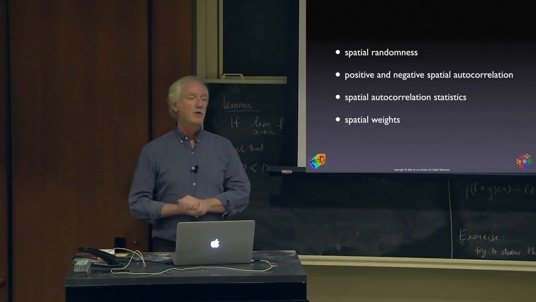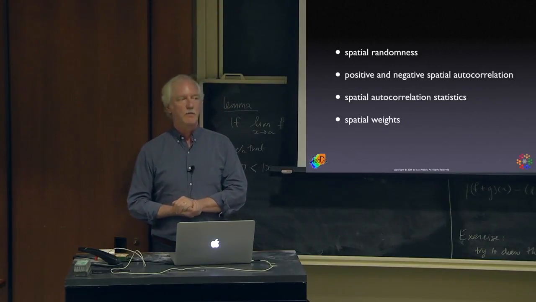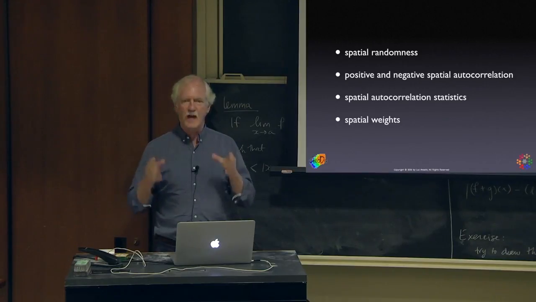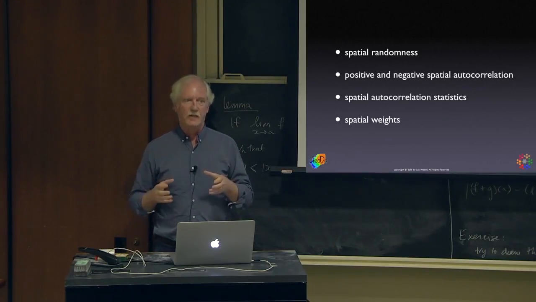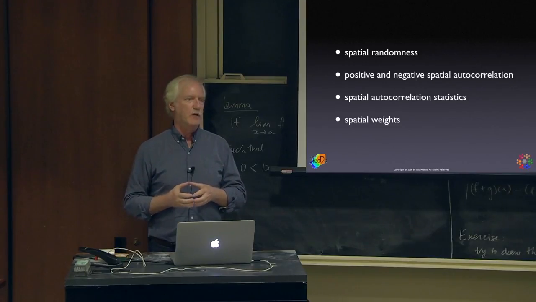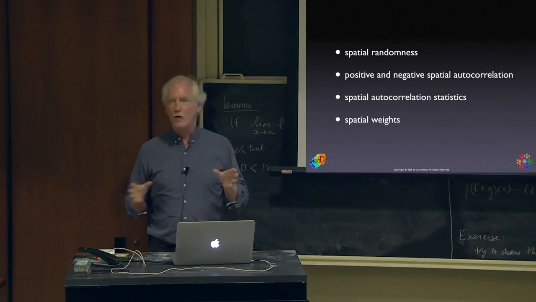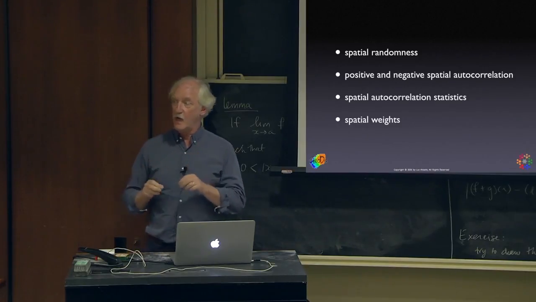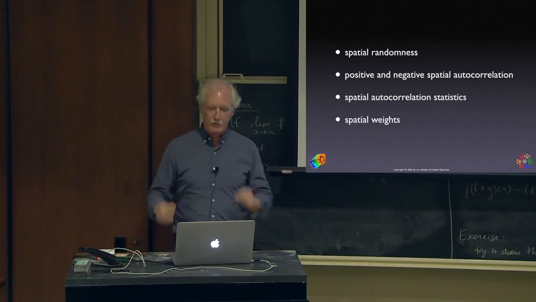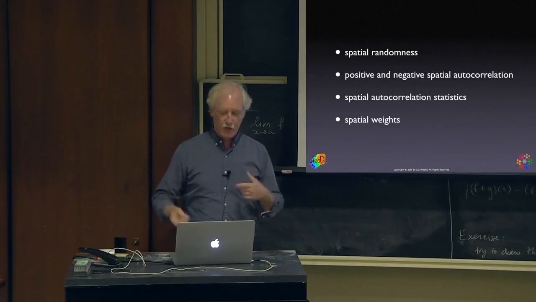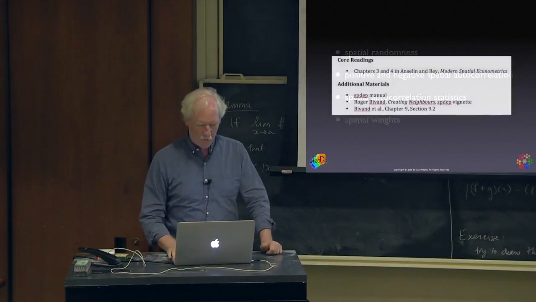And then I'll get a little more technical, also a little more mathematical, and talk about what is actually a statistic to test for spatial autocorrelation. How do you think about that? How do you construct that? Without going into specific test statistics yet, just the concept and formally, and a big part of that is the spatial weights, which we'll then spend some time on.